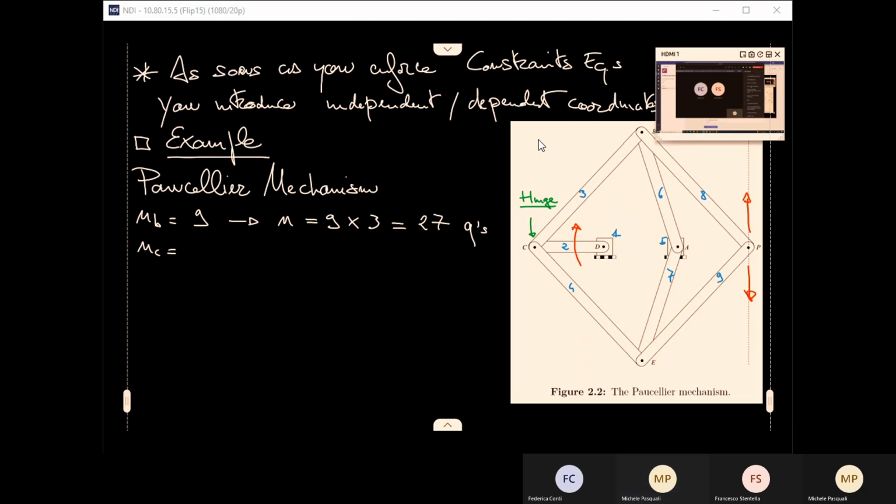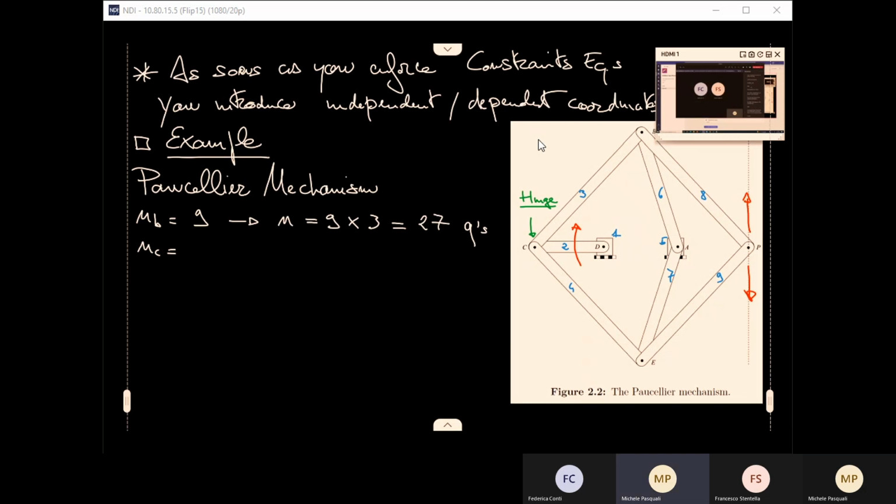Why? Because when you enforce this rotation, what do you have to say? That the point D belonging to body 2 and the point D belonging to body 1 must coincide, right? So the vertical and the horizontal position must be the same. So it's 2 scalar equations, correct?